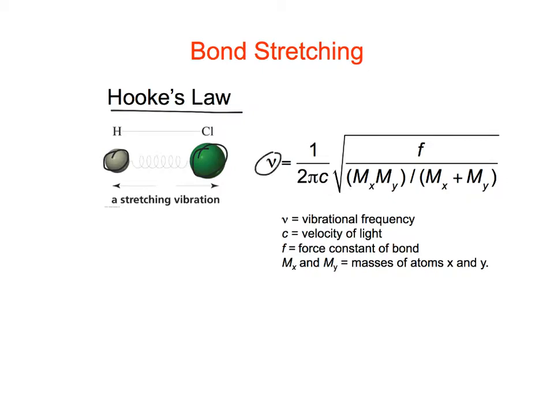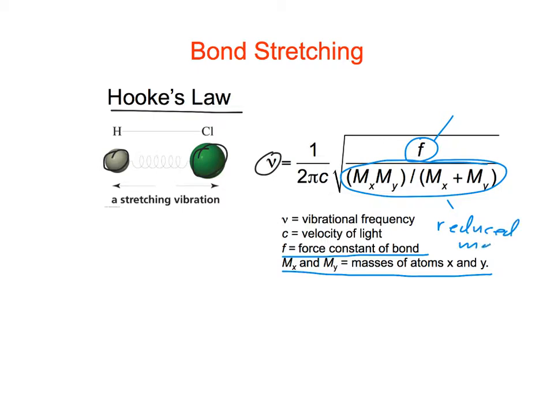The frequency of this vibration equals a constant times the square root of F, where F is the force constant of the bond, so essentially it has to do with bond strength, and mx and my are the masses of those two atoms. And so this whole part here is usually called the reduced mass. Right, so we multiply them together and divide by the sum.